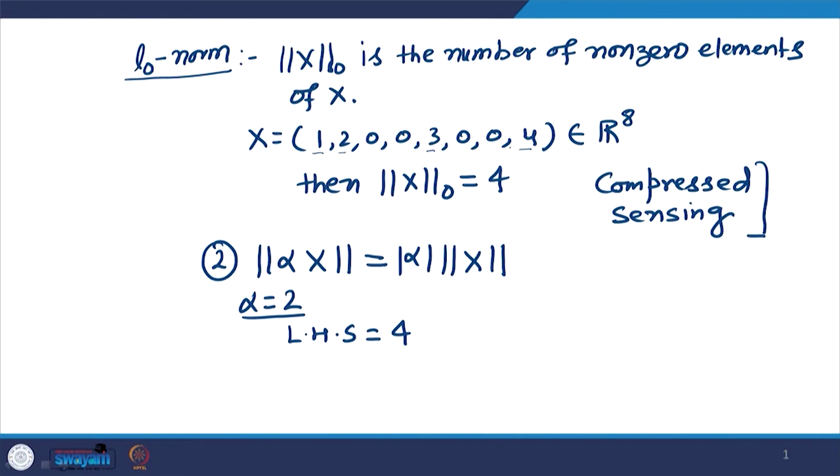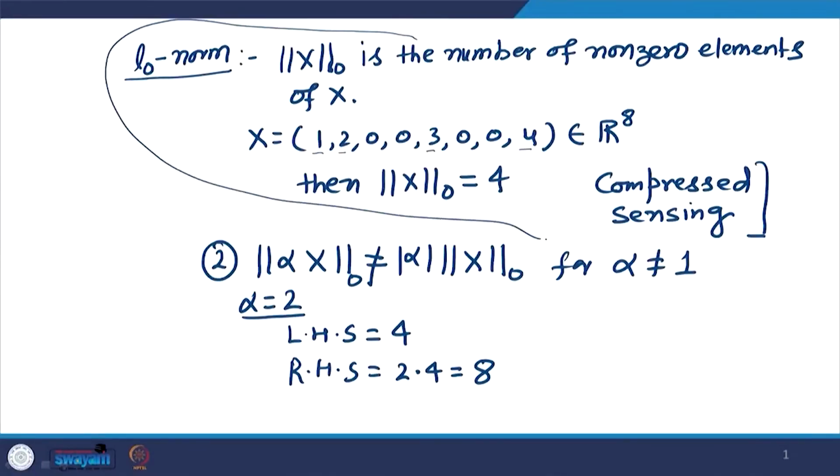So, still it will have only 4 non-zero elements. However, the right hand side will become 2 into 4, that is 8. So, the L0 norm does not satisfy this property for alpha not equal to 1. It will satisfy this property only when alpha is 1 or minus 1, otherwise it will not.